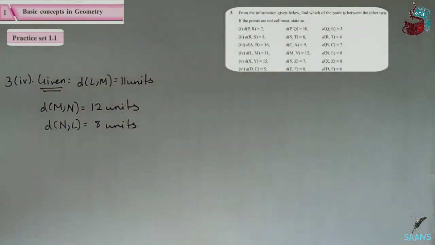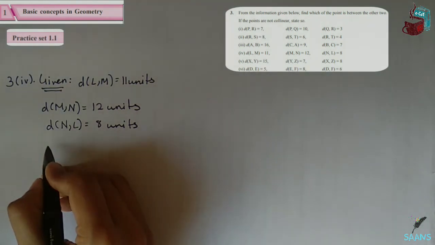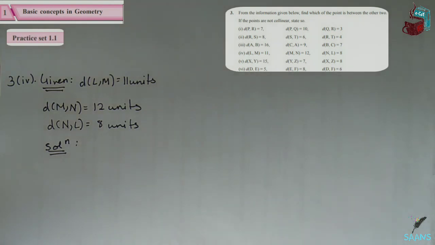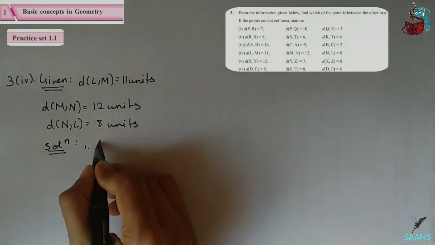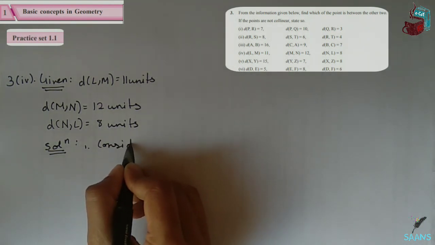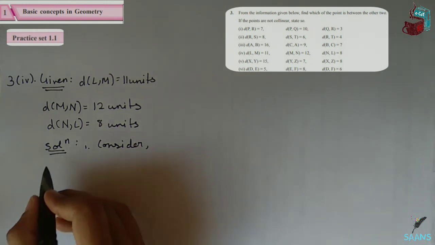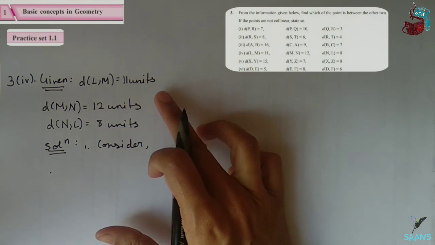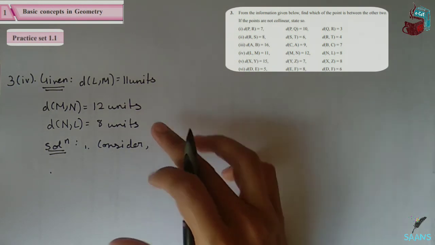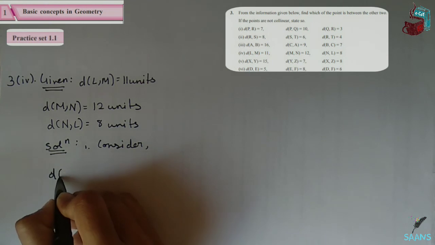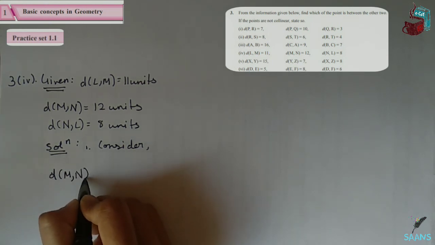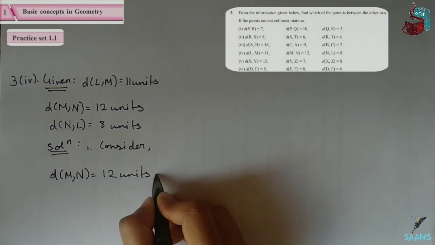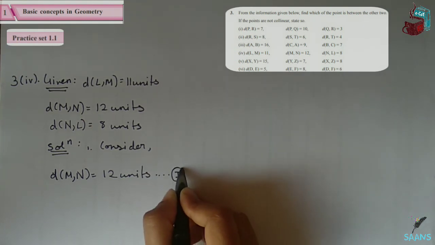So how do we do this sum? Similarly, solution. You have your first step: consider the largest distance among 11, 12, 8. So distance M comma N is equal to 12 units. This is your first statement.